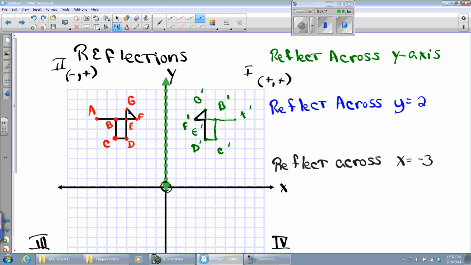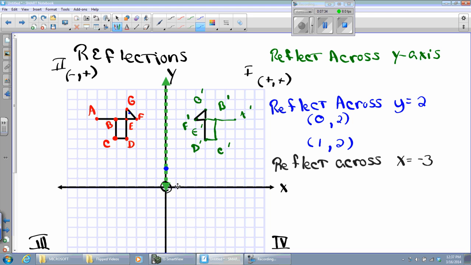Okay, now I got to reflect across the line y equals 2. Well, look, you got to write down at least 2 points where y is 2. X, y. Now you get to pick any x, but don't pick the same number twice. How about that? So if I go 0, 2 would be right there.